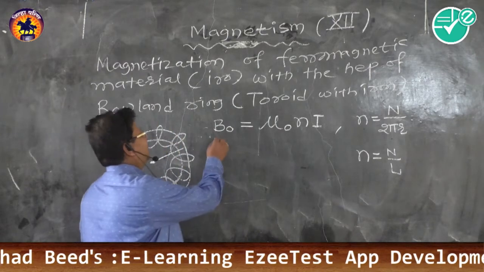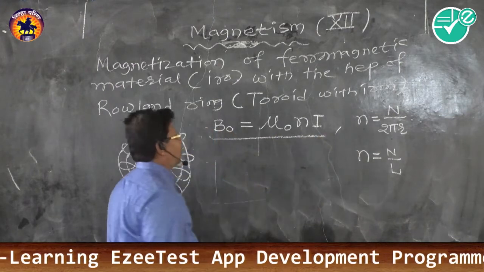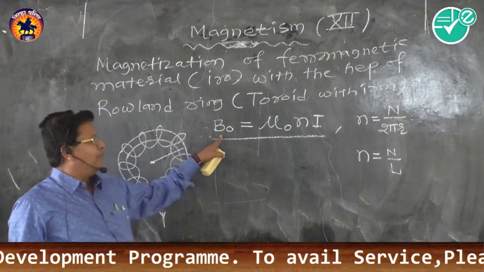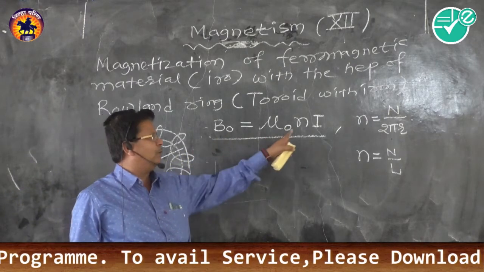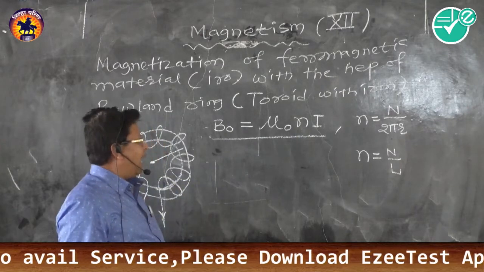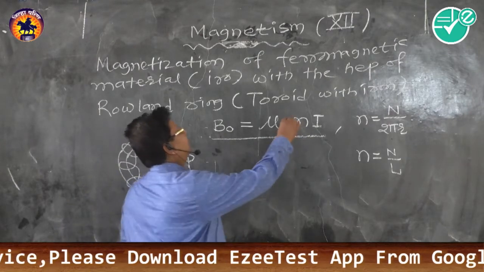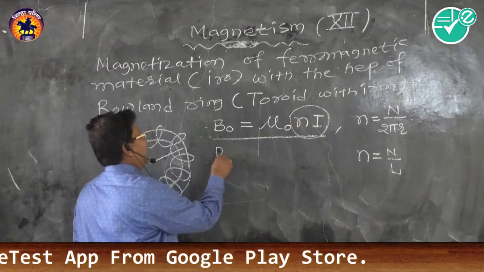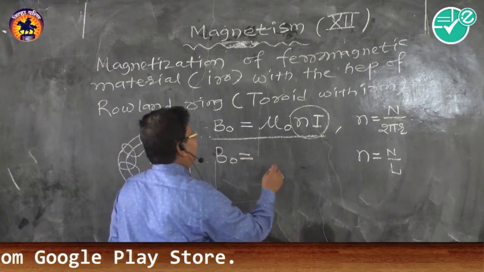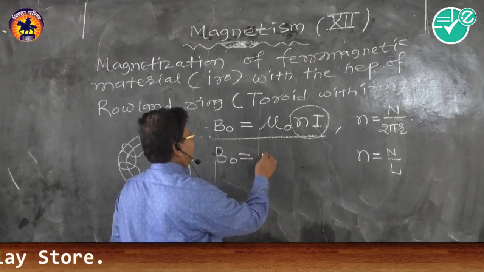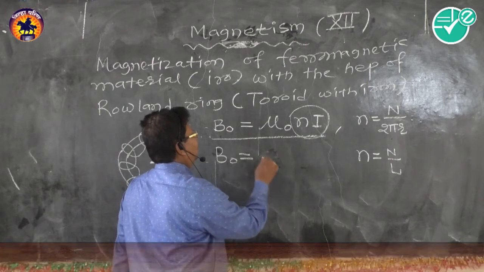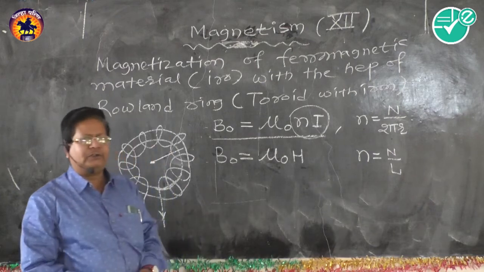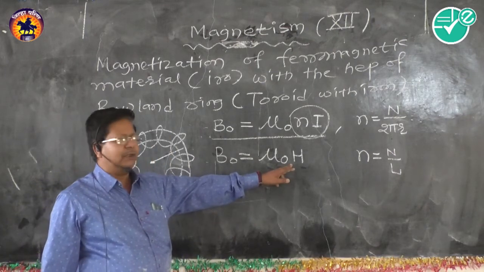So magnetic induction along the axis of this toroid in the absence of iron core is given by formula B0 is equal to mu 0 into n into I. And in this formula, this n into I is called as magnetic intensity. So B0 is equal to mu 0 into H, as we have already studied magnetic intensity.